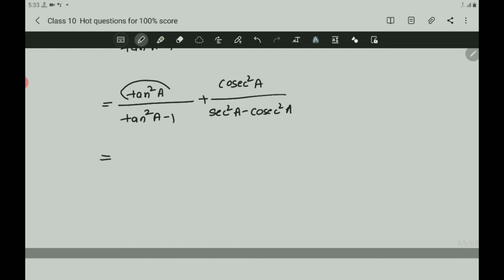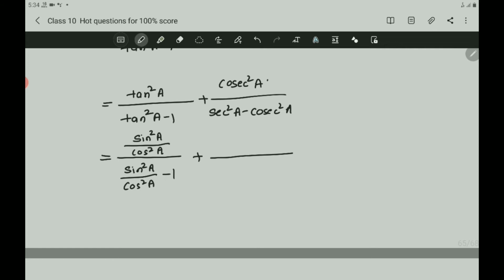Then here you express tan²A in terms of sin²A by cos²A. You know that tan equals sin by cos. So you write it as sin²A by cos²A, and in the denominator sin²A by cos²A minus 1. And you write plus.